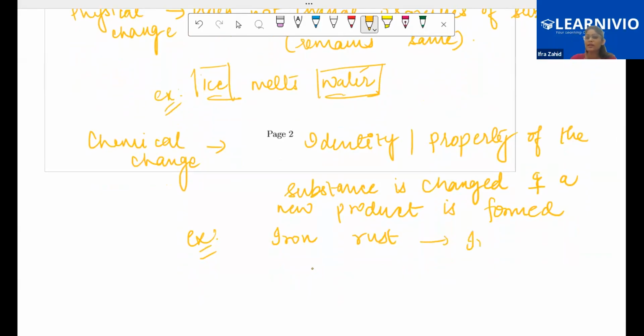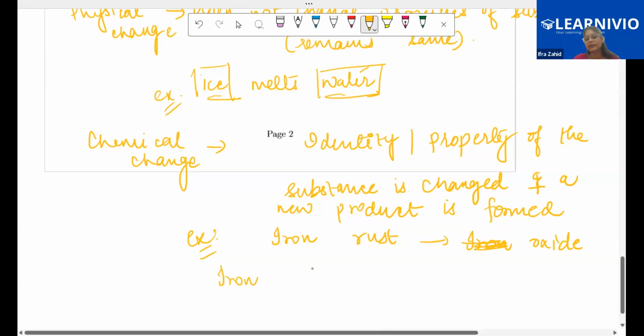It is the layer of iron oxide, the oxides. That layer is called oxide. So this is a chemical change because iron, when it undergoes rusting, changes into iron oxide. It changes into oxides of iron.